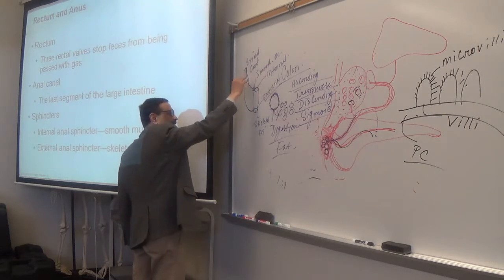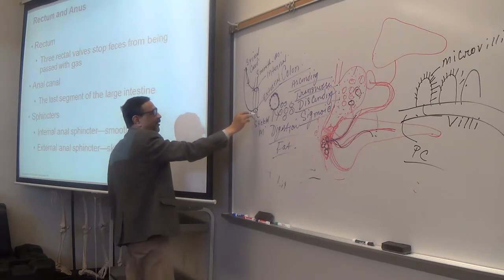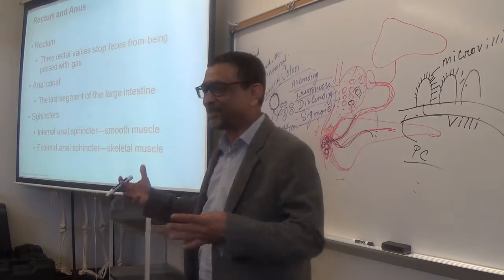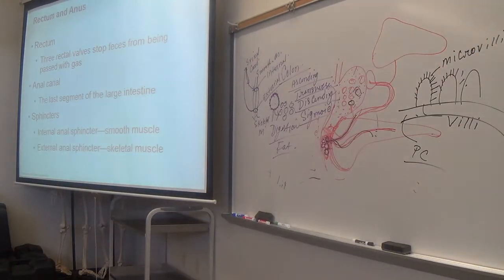So when both are relaxed, the feces gets out. So that's the mechanism. It's interesting: one is voluntary, another is involuntary. First you open the voluntary, then the signal goes to the spinal cord, then comes down to the internal sphincter.